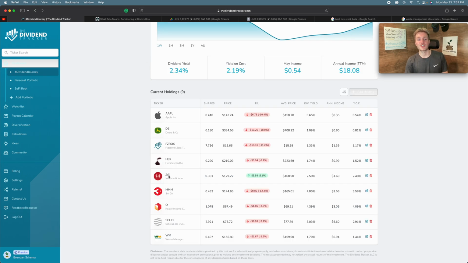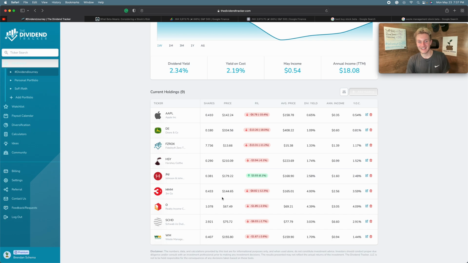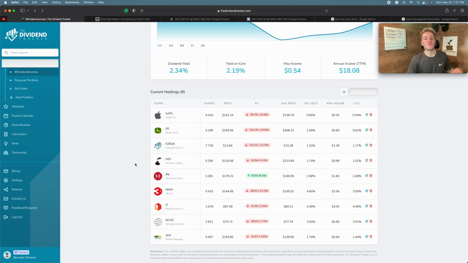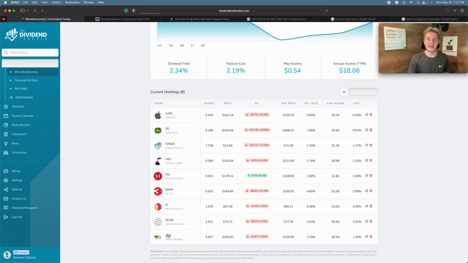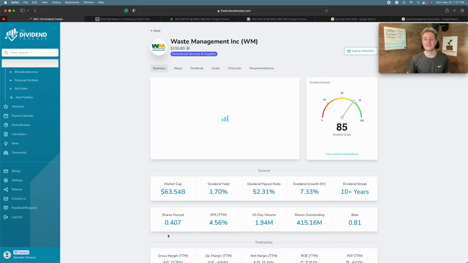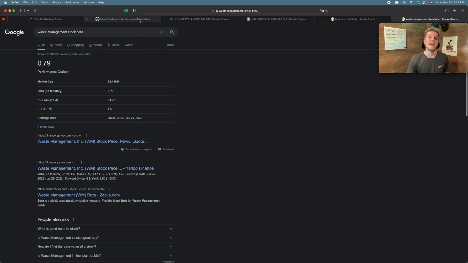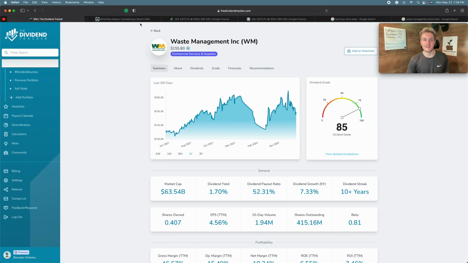We have J&J with another low beta of 0.66. We have 3M with a beta under 1 coming in at 0.88. We have O, Realty Income Corp, coming in with a beta of 0.74. And then we have Waste Management, which I'm going to use in just a moment to make a comparison, with a beta of 0.81. And the Google search I'm going to be using, sneak peek, has it pegged at a 0.79. Both relatively the same there.